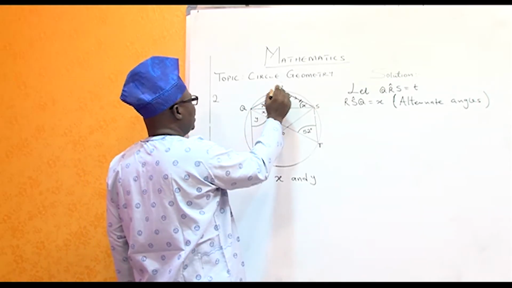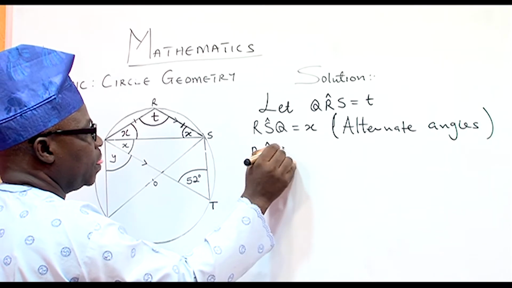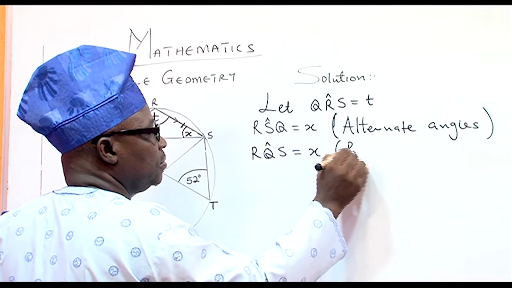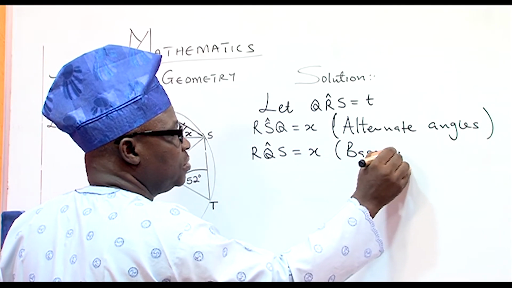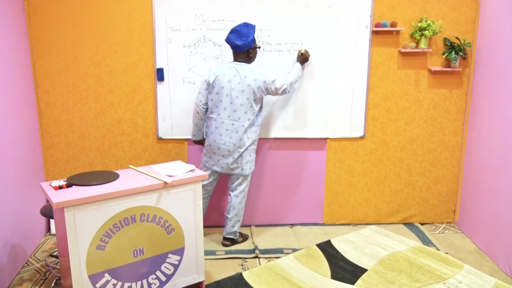So I can now write RQS is going to be x. The reason, base angles of isosceles triangle.